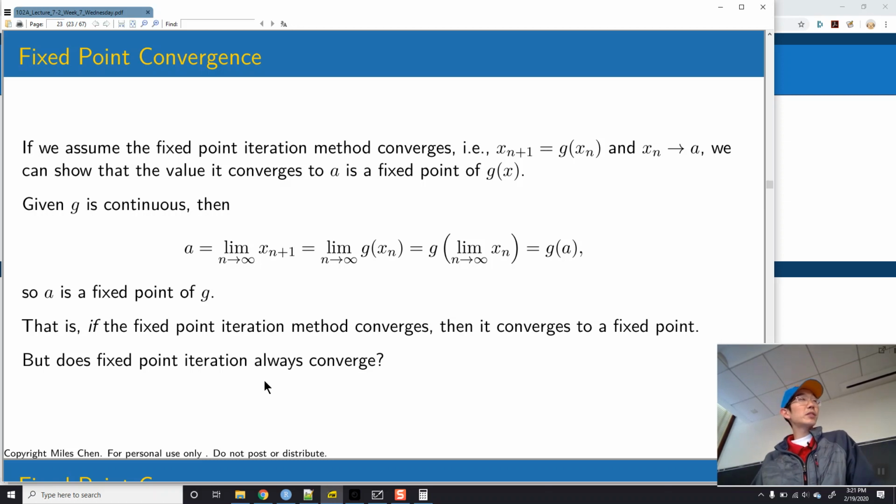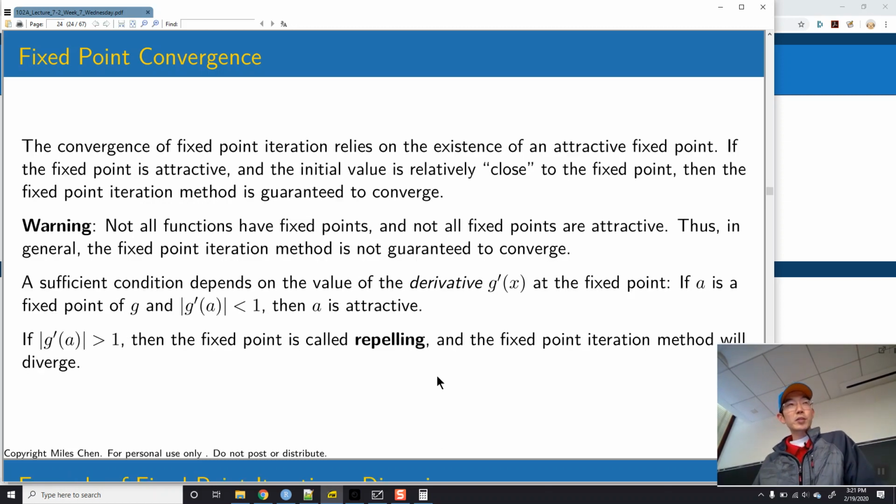But the question is, does it always converge, right? So if we assume that the fixed point method converges, then it's going to converge to a fixed point. Does it always converge? And the answer is no, okay? Not all functions have attractive fixed points, okay? Some functions have repelling fixed points, where if you apply the function repeatedly, it doesn't converge to a fixed point, it gets farther and farther away, okay?